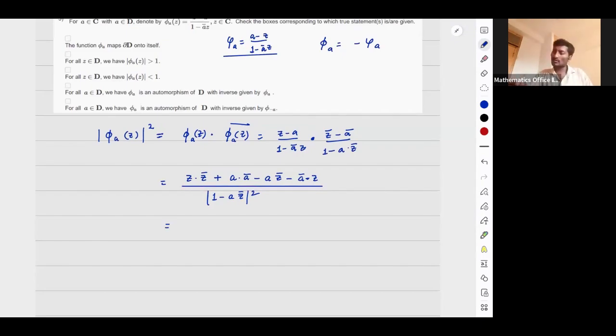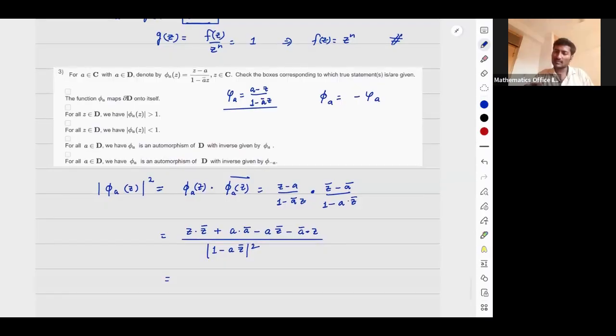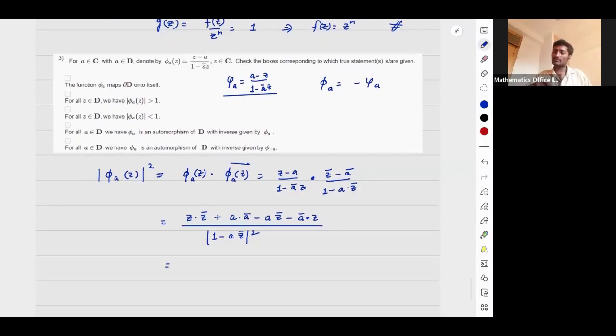Now, what is a? A is having modulus less than or equal to 1, but modulus is positive. So this is mod z squared plus mod a squared minus, so we get z plus z bar. What is that?